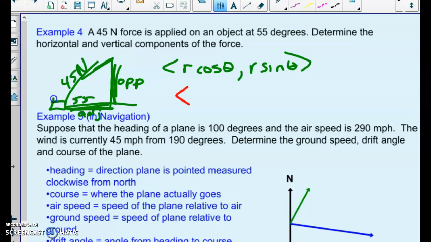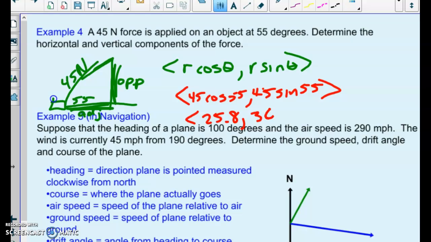On this one it would be 45 times the cosine of 55, comma, 45 sine 55, and typing those into my calculator, I got 25.8 and 36.9. We know that the first one is the x component, the second one is the y component.